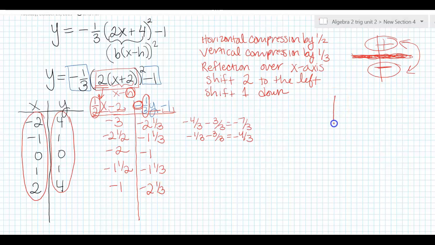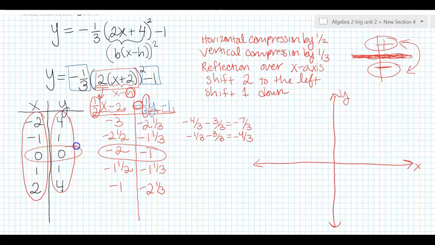And then I would place those values on a graph. So I would give myself an x and y axis and plot these things, make sure it looks like the parabola, and make sure I see the turning point as the h, k, the vertex, which at the parent was 0, 0, but now should be at -2, -1.